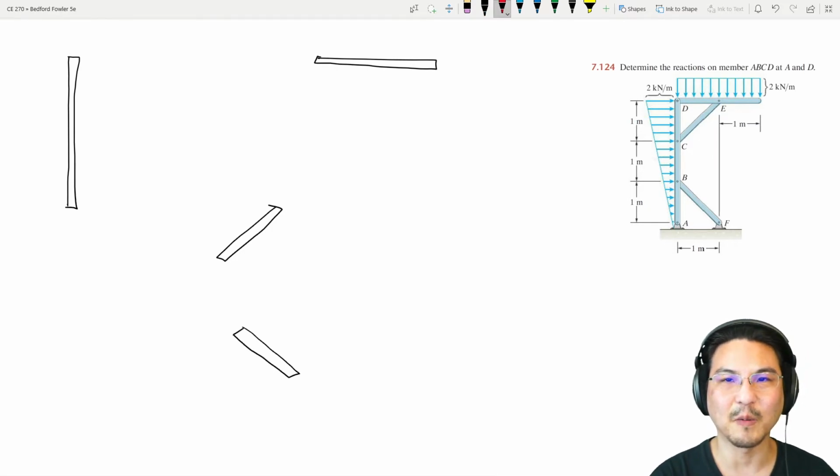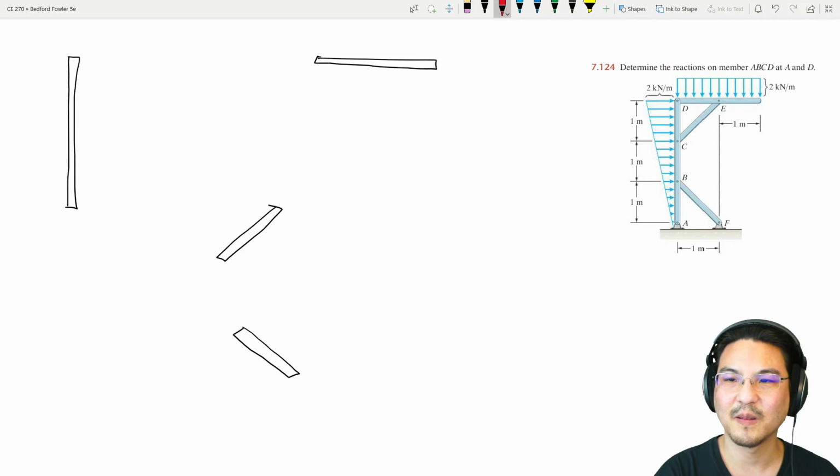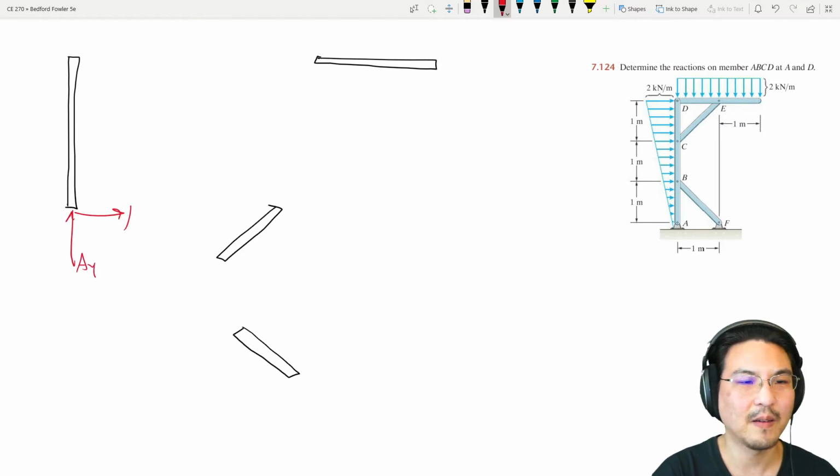Okay, and then there were the reactions at pin A, the reactions at pin F.